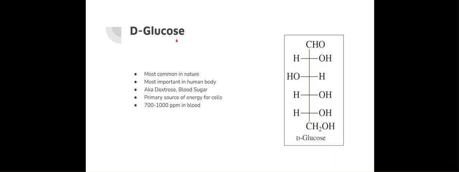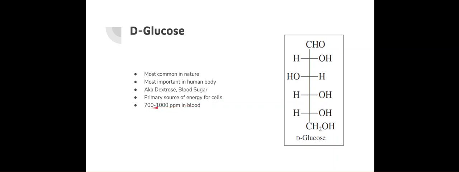This is the main component of blood sugar. So if you have elevated levels of D-glucose or dextrose in your body, then you're having high blood sugar. D-glucose is the primary source of energy for cells in our body.